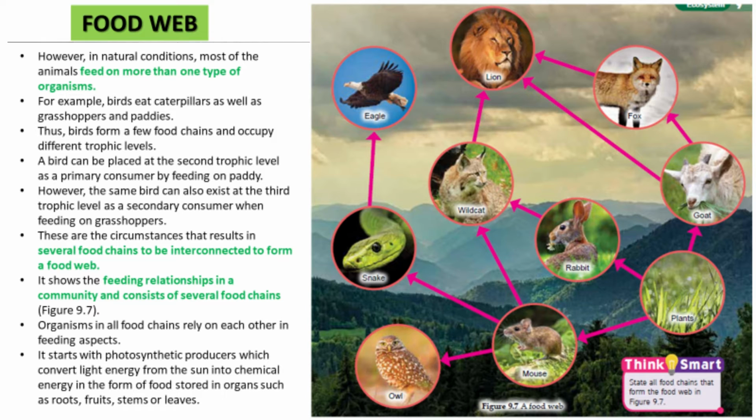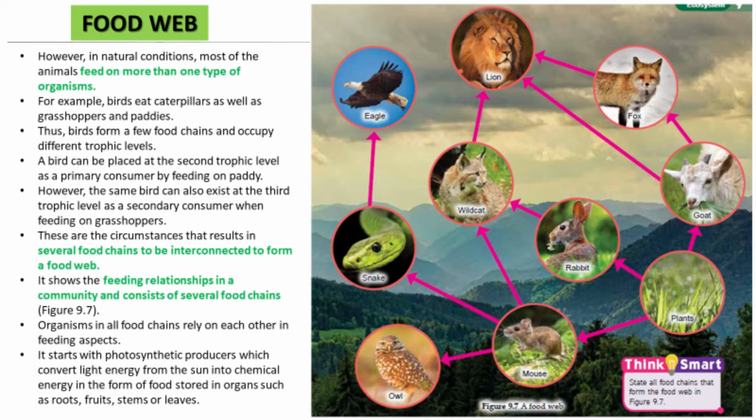A bird can be placed at the second trophic level as a primary consumer by feeding on paddy. However, the same bird can also exist at the third trophic level as a secondary consumer when feeding on grasshopper.